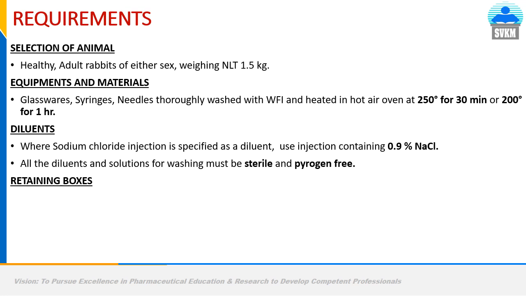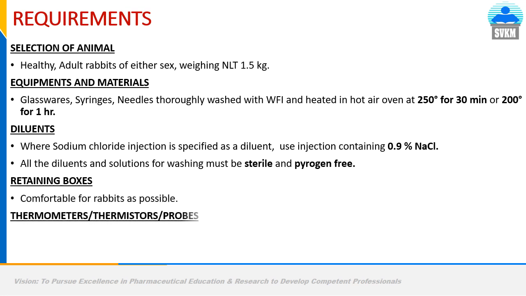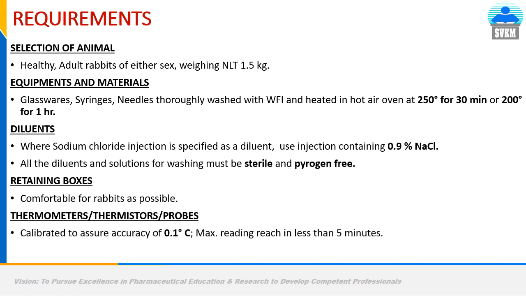Then retaining boxes are required for housing of the rabbits. These boxes must be comfortable for the rabbits. In case of checking the temperature of the rabbits, we use thermometers or thermistors or probes. These must be calibrated to assure an accuracy of 0.1 degree Celsius, and the maximum reading of the thermometer must be reached in less than 5 minutes.